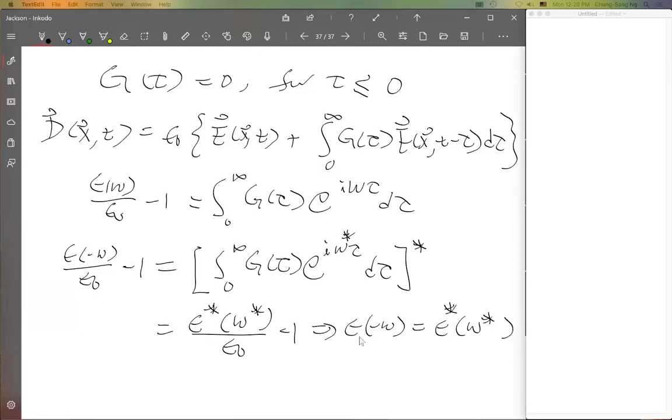Okay, so that's the constraint on the dielectric constant as a function of omega. It must satisfy this relationship.